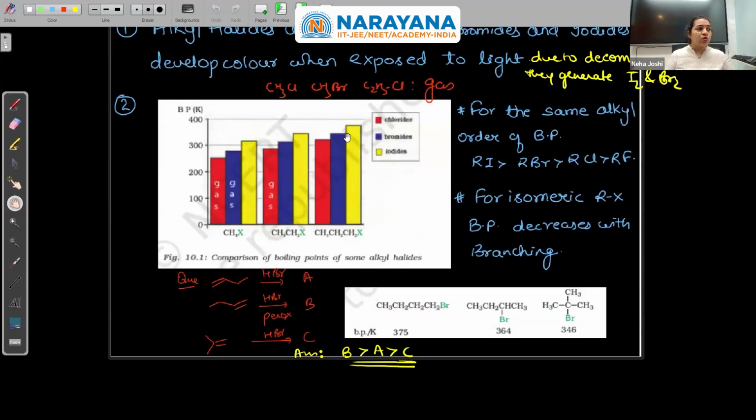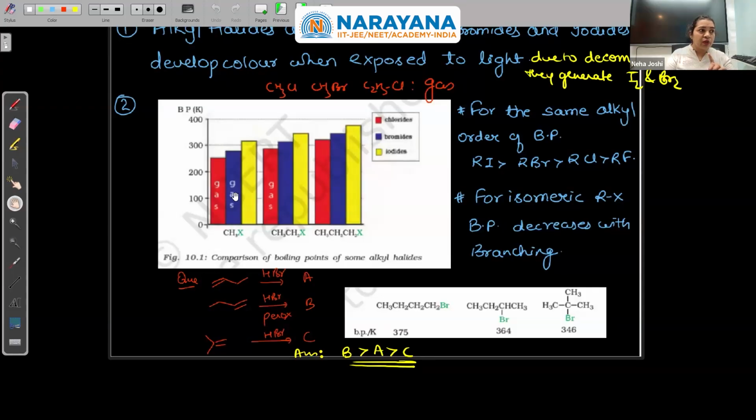What is shown here? For the same alkyl halide, for some alkyl halides, if you see CH₃X, here it is given chloride, bromide, and iodides. For the same alkyl, see CH₃X, if the alkyl is kept same, the halogen is kept same.